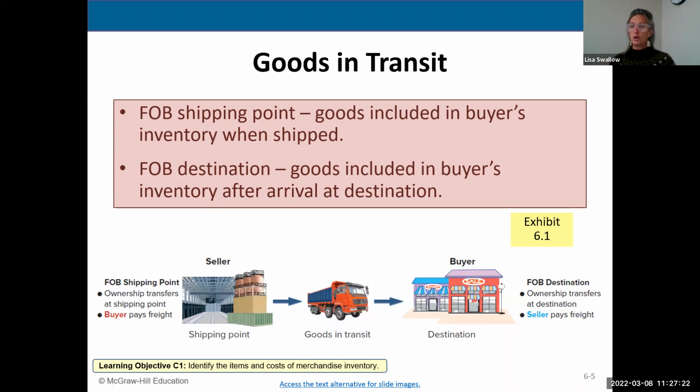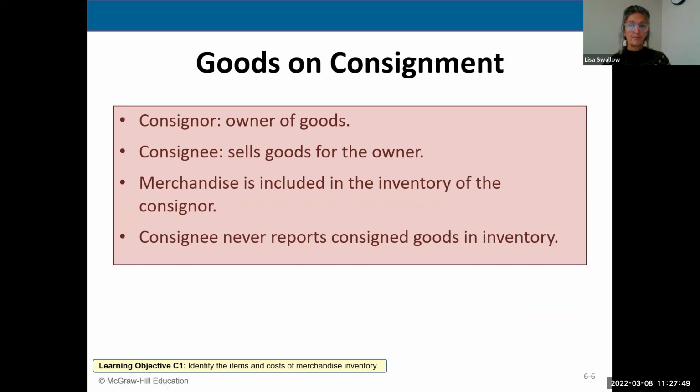So before you know whether to include something in your inventory or not, when it's in transit, you need to know what the terms are. The way I remember it is, it's the opposite of whatever it says that is the person that paid for the freight. So free on board shipping point, the buyer paid, it's in the buyer's inventory. Free on board destination, it was paid by the seller, it's in the seller's inventory.